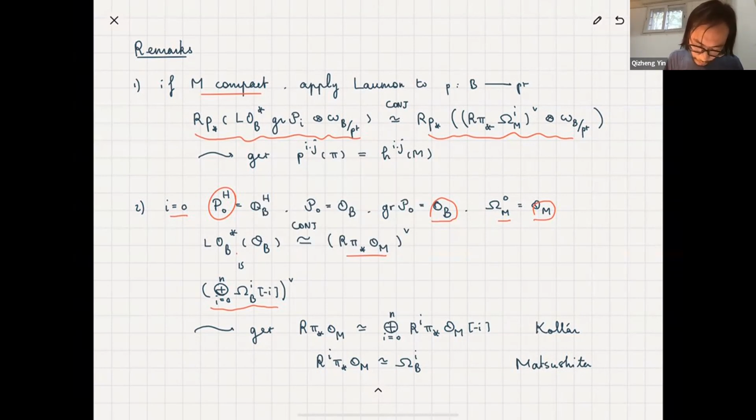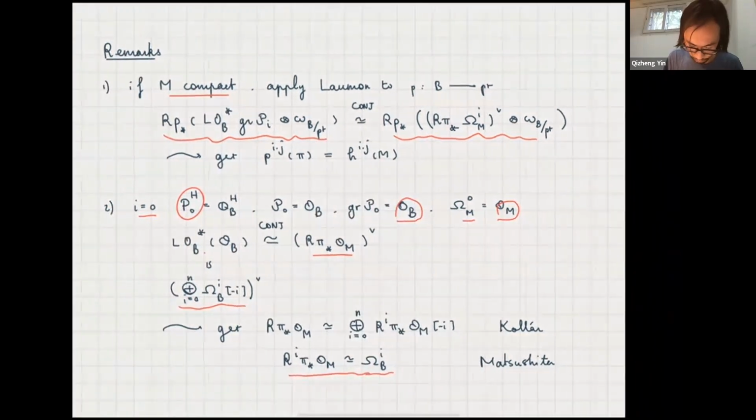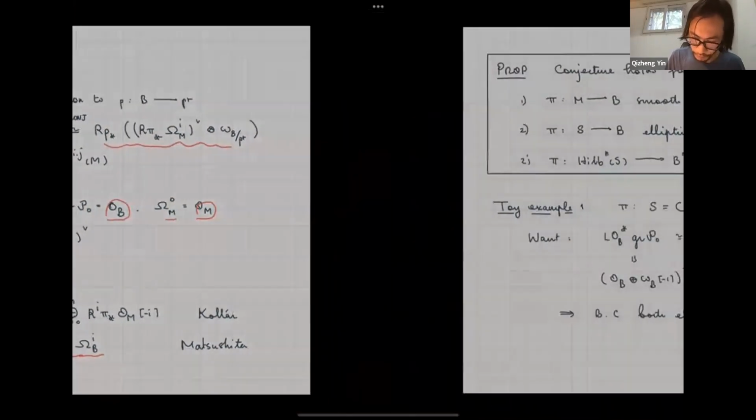And secondly, it specializes to a nice result of Matsushita saying that each of the higher direct images, the R^i push forward of O, is precisely omega^i of B. So this is Matsushita's theorem. So it specializes to some important known results.